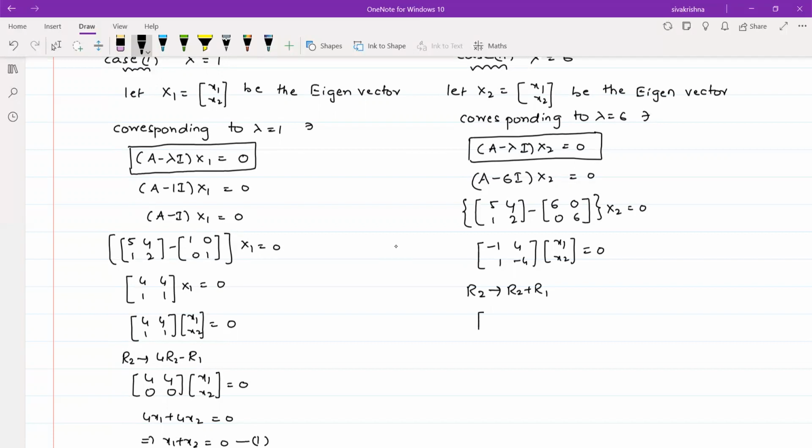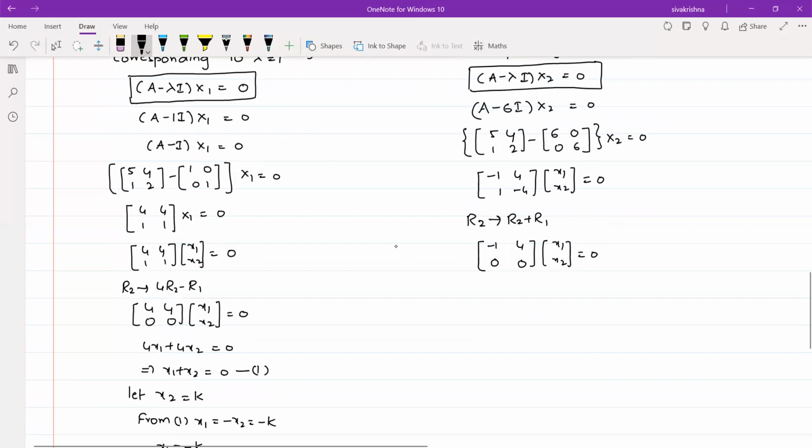So we get -1, 4, then 1 minus 1 is 0, -4 plus 4 is 0, into x1, x2 is equal to 0. So this matrix is converted into echelon form. After that, we multiply these two, so that we get -1 into x1 is -x1 plus 4 into x2 is 4x2 is equal to 0.